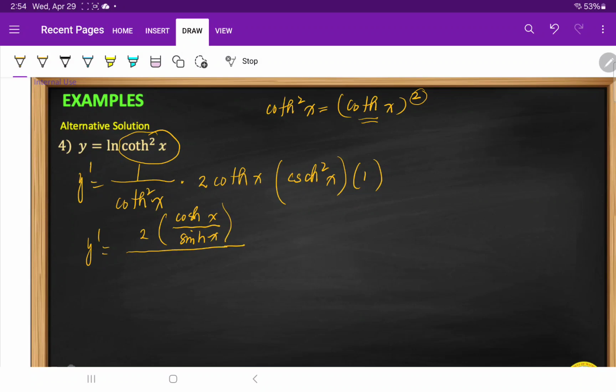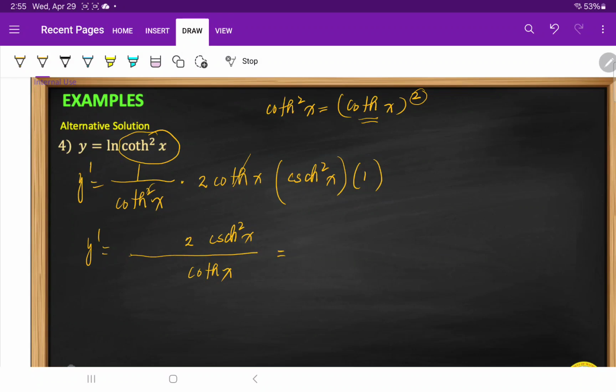Then we divide it by hyperbolic cotangent square. First, okay, hold on, we can first cancel. Because we have this one, we can cancel it with one of these. So if we write down the simplified form, we have 2 hyperbolic cosecant square x over hyperbolic cotangent x.